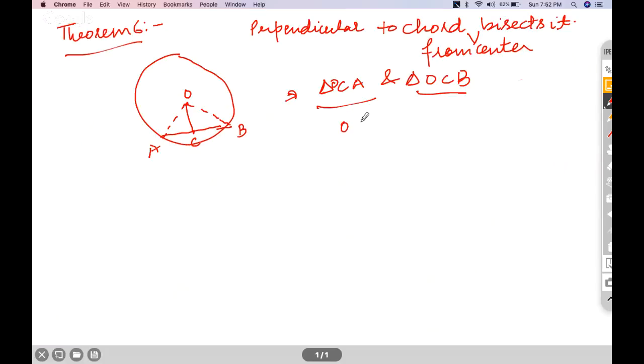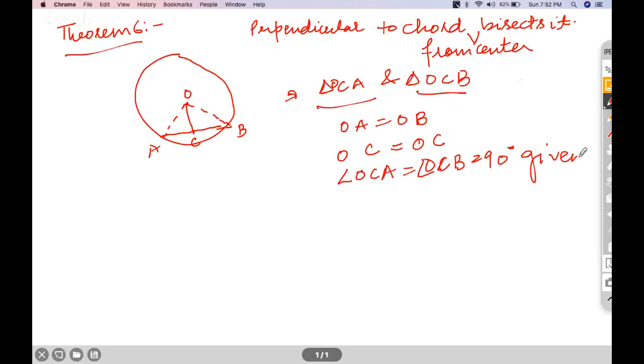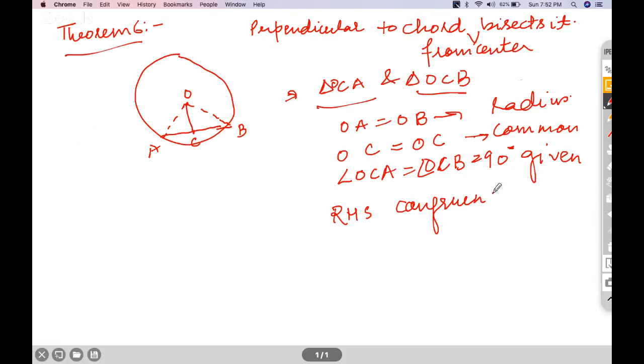I'll write that OA is equal to OB, OC is common, and angle OCA is equal to angle OCB, which is 90 degrees. It has been given to me. This is common and this is the radius. Hence, I have RHS congruency.